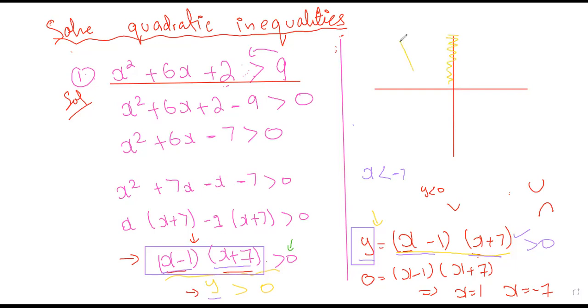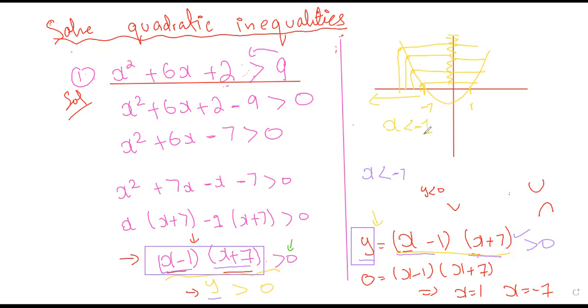So if we are getting something of this sort, these are the points where y is greater than 0. And not these, because on these points, y is less than 0, right? So where y is greater than 0, we need to find corresponding value of x. If this point was -7 and if this point was 1, what is the range of x which we are getting for y greater than 0?